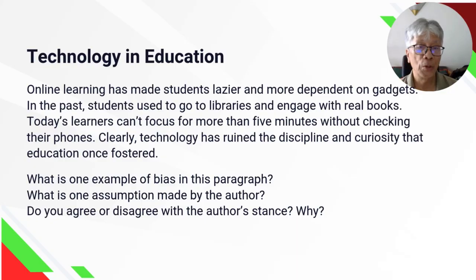Clearly, technology has ruined the discipline and the curiosity that education once fostered." Questions: what is one example of bias in this paragraph? What is one assumption made by the author? Do you agree or disagree with the author's stance, and why? If you can explain that, it means you understand bias and assumption.